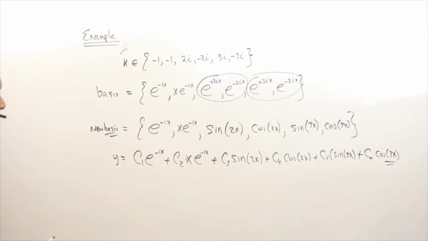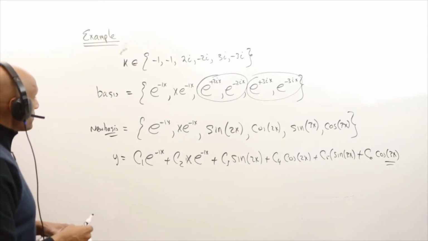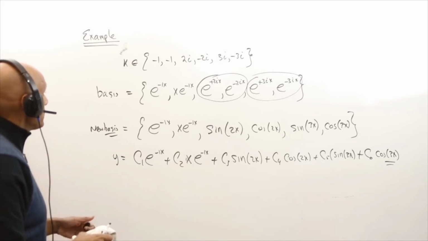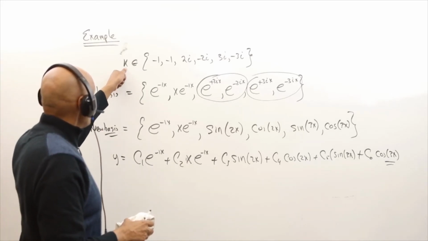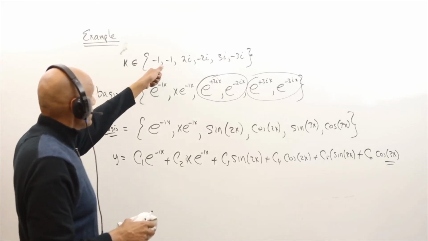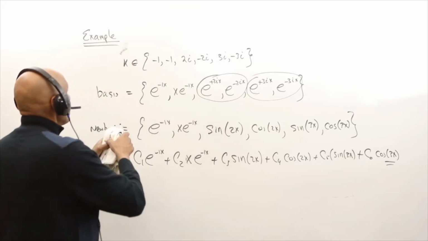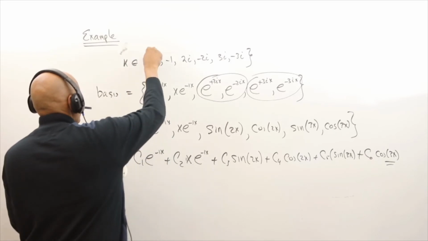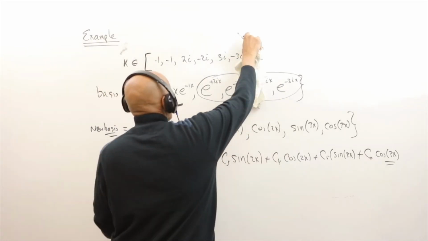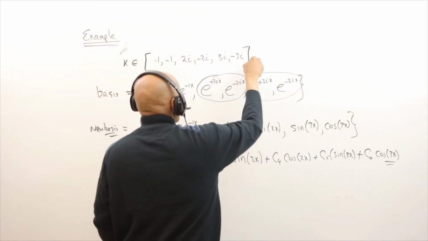So this is our general expansion for any possible solution from the differential equation where we found the roots k to be minus 1 and so on. I repeated the roots, and technically it's not part of a set, so maybe I should make this into a square bracket so you don't get this confused. Sets don't repeat elements.